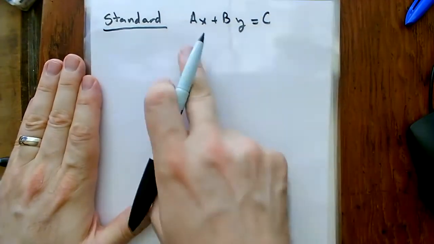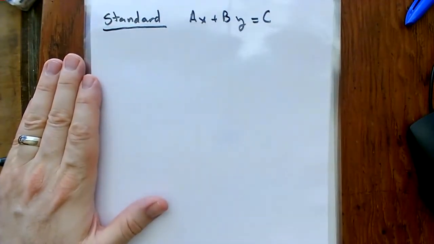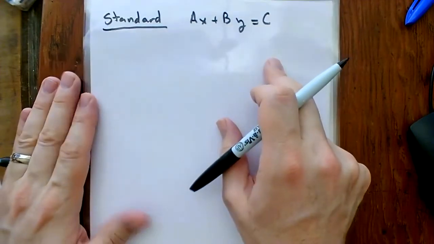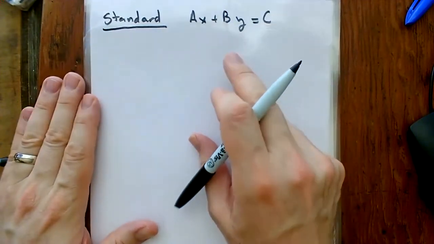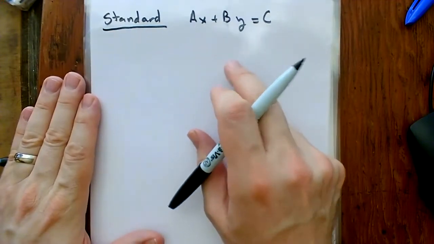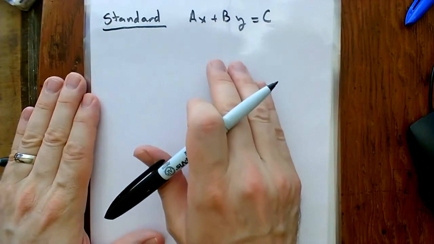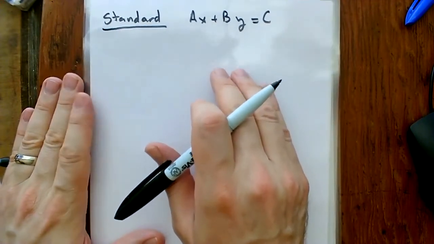This type of equation might not seem very easy to read, but they're surprisingly easy to graph because it is easy to find two points, and those two points are your intercepts.